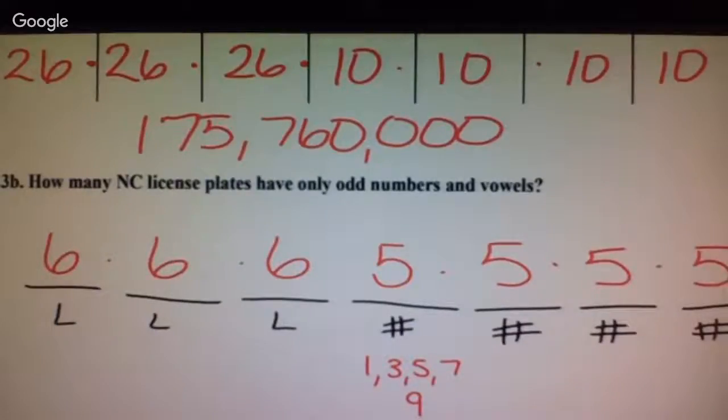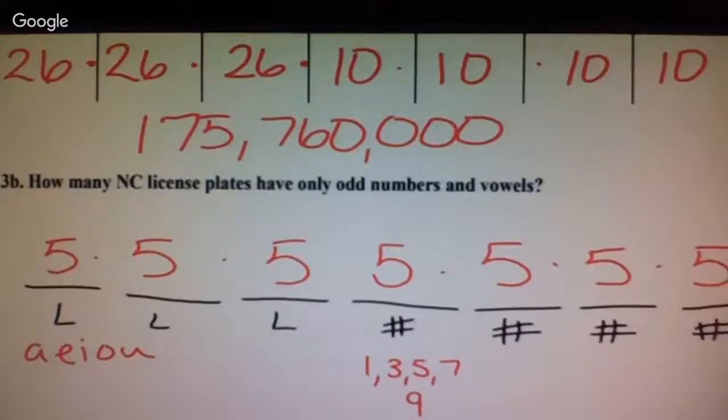We're not including Y. Okay, all right, we'll not include Y. So then we only have 5: A, E, I, O, U. So it's 5 times 5 times 5 times 5 times 5 times 5 times 5. So 5 to the 7th power. I got it: 78,125.